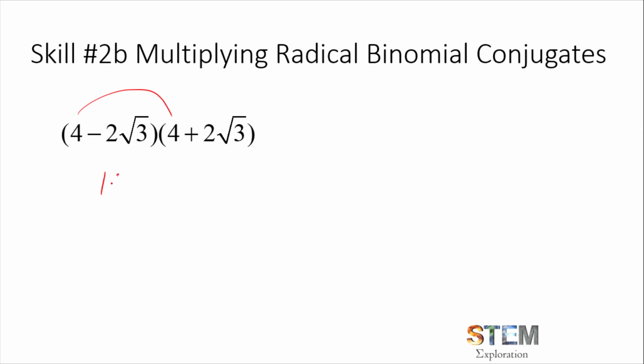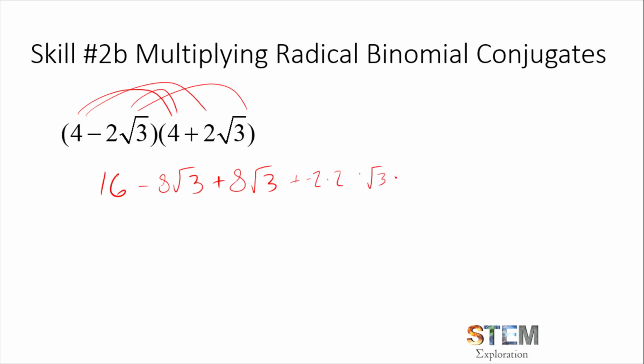And what I want to show you here is that when you multiply these conjugates, you get 16 first, insides, negative 8 square roots of 3, outsides, plus 8 square roots of 3, and last, which would be negative 2 times 2 times the square root of 3 times the square root of 3.